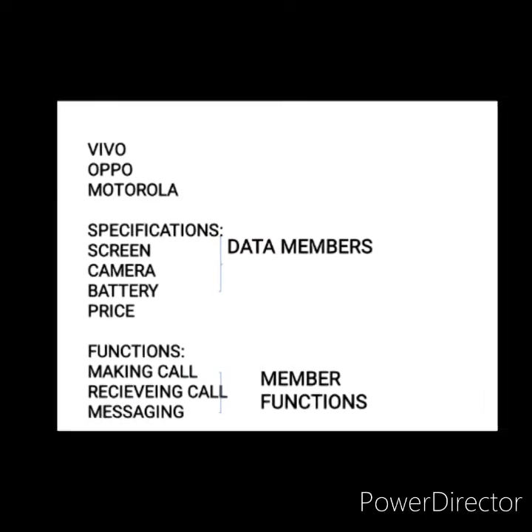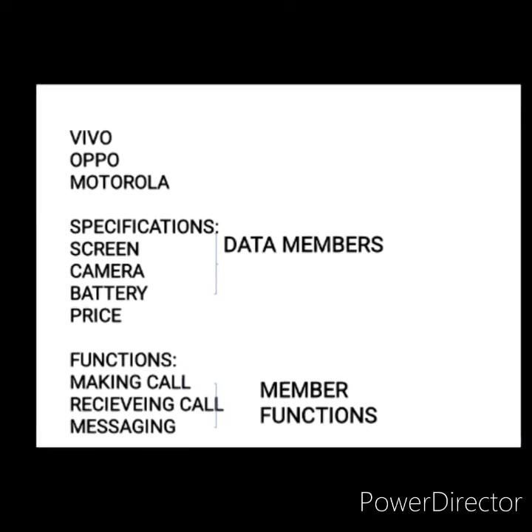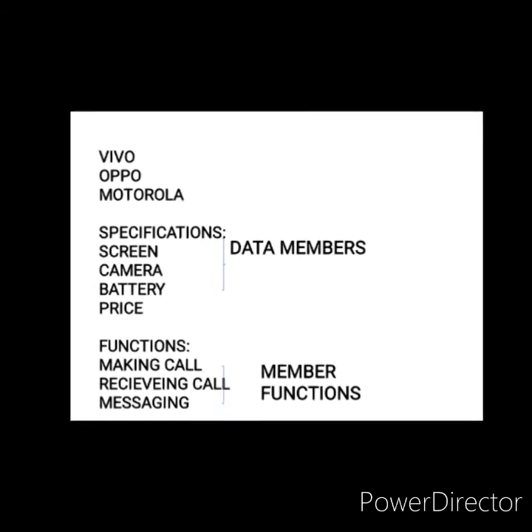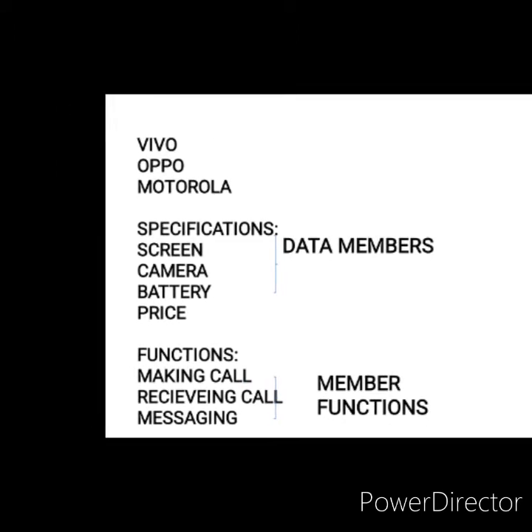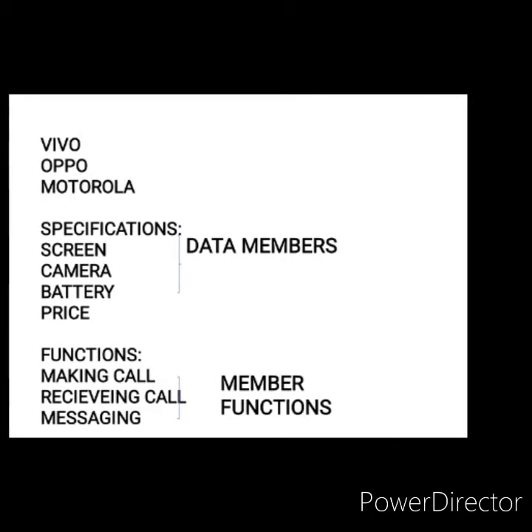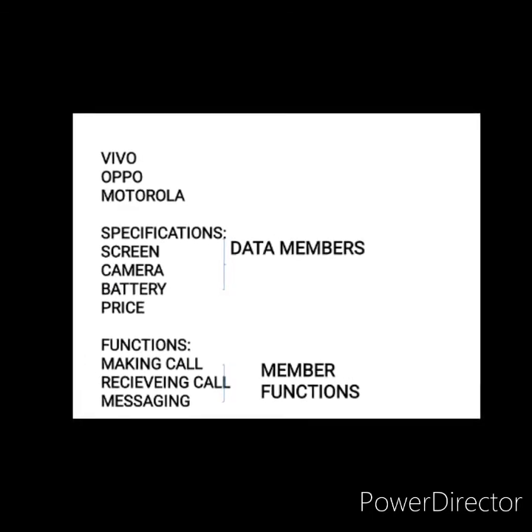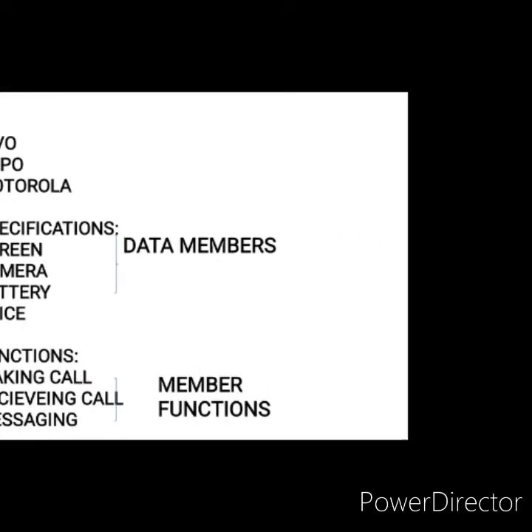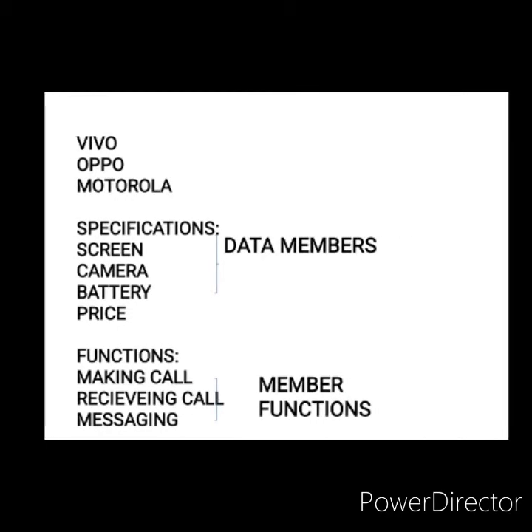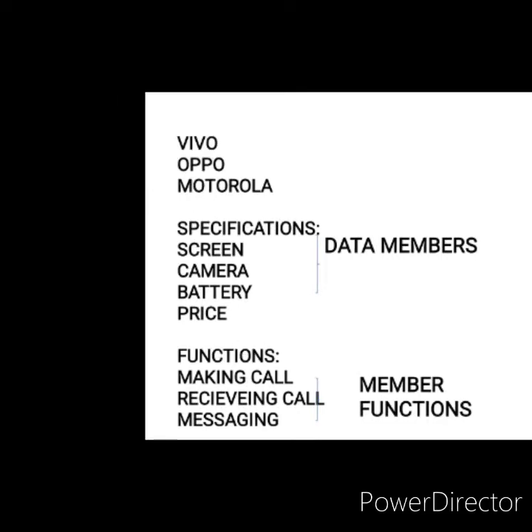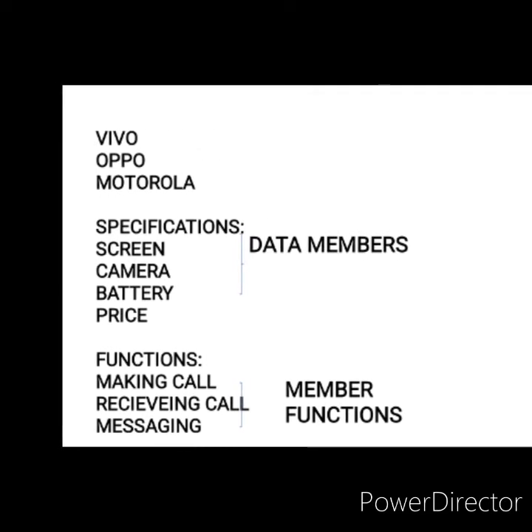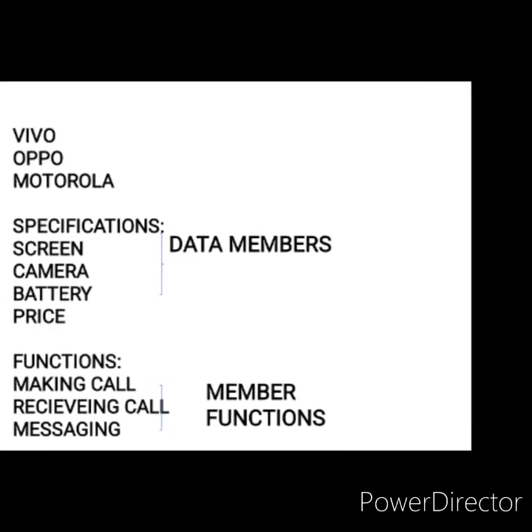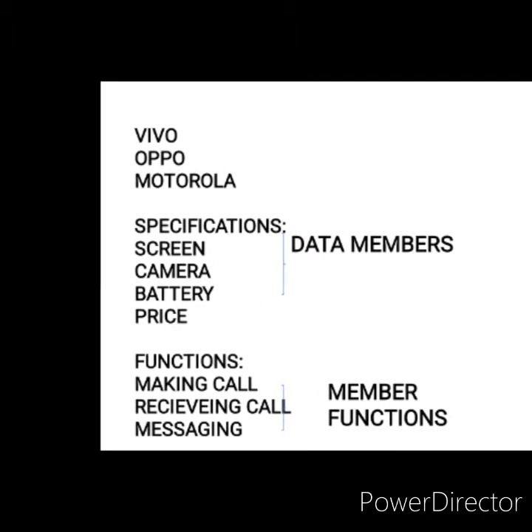Whenever you are purchasing any mobile phone, you look at the specifications of the mobile phone, that is, the mobile has a screen of 6.5 inches, a 20 megapixel camera, a 4500 mAh battery, and a price of 19,000 rupees. So these are all the properties of the mobile phone. These properties can be considered as the data members.